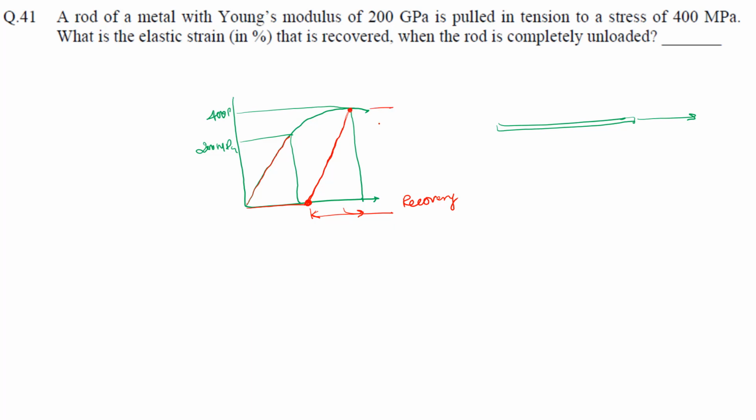Now this value is 400 MPa. And the slope of this line is nothing but the Young's modulus, that is 200 GPa. So we have to calculate what is this strain. Suppose let it be E recover. So we'll find tan theta here.